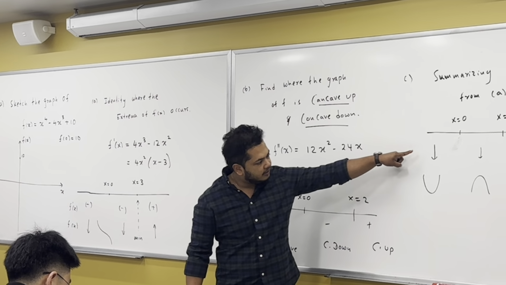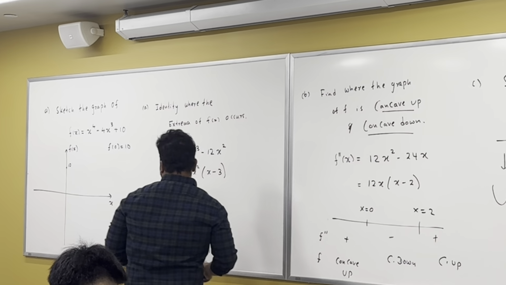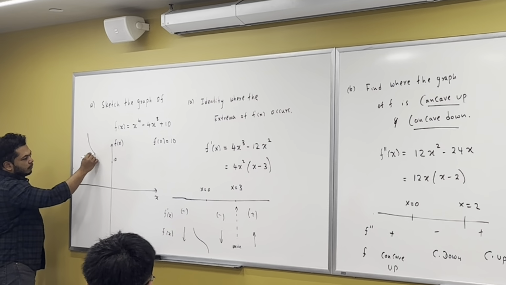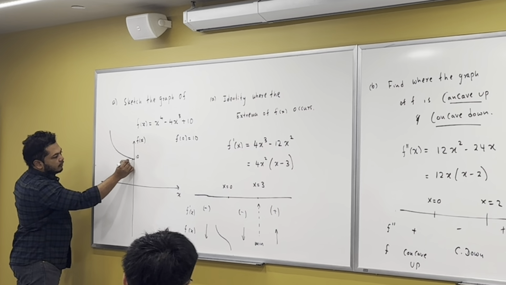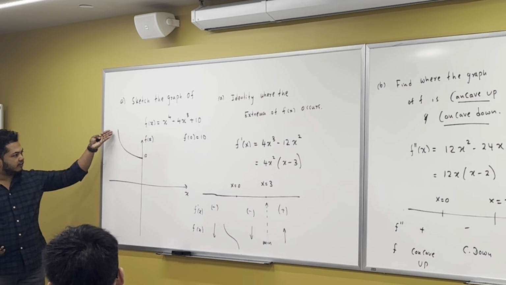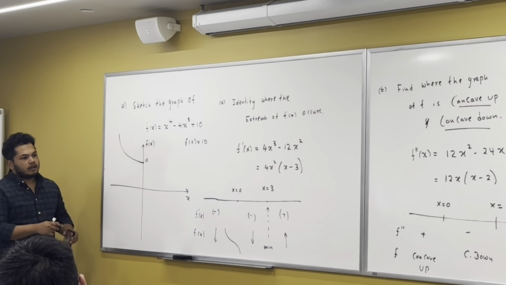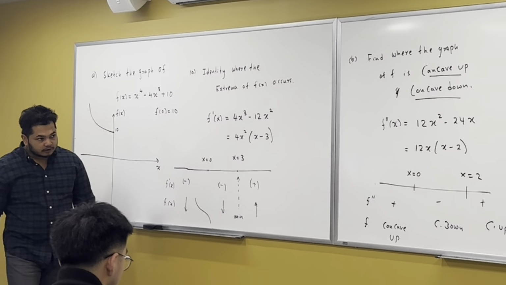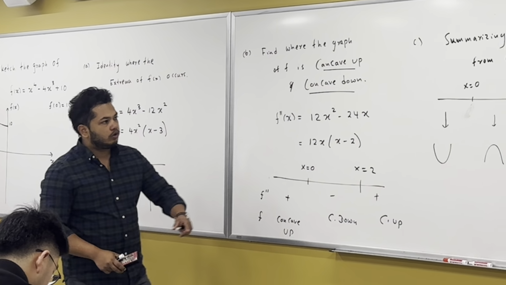Decreasing and concave up. So it's going like this. Concave up means like a U shape, but it's decreasing. In between 0 and 2, it's still decreasing, concave down.